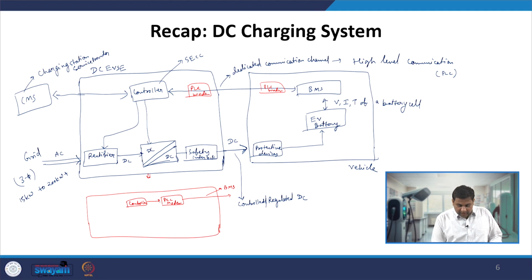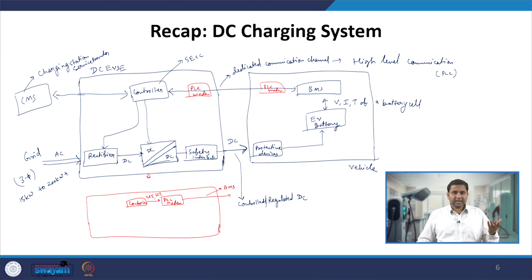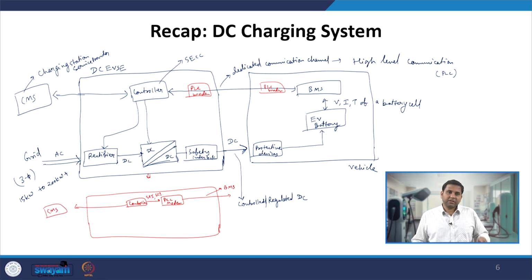Now, this controller will be communicating with the PLC. That communication could be using SPI, or in other cases SCI, serial communication. Generally these are the two communications, and sometimes CAN communication can also be used. And this controller, through a dedicated channel on the other side, will be communicating with the CMS, the central management system of the charging station service provider.